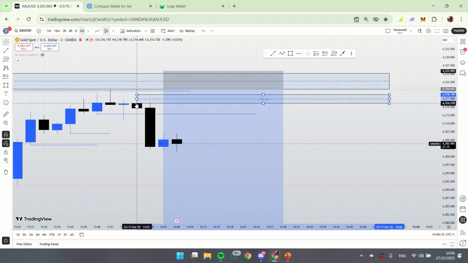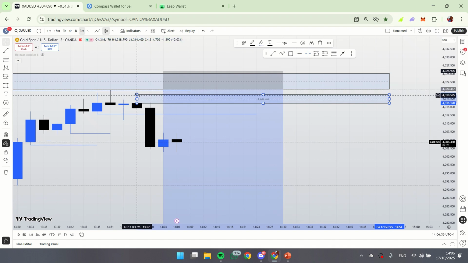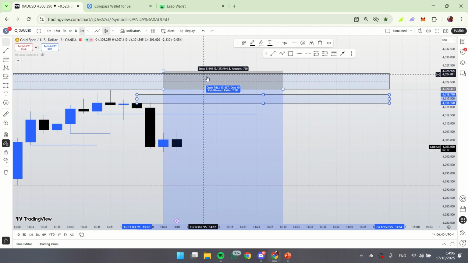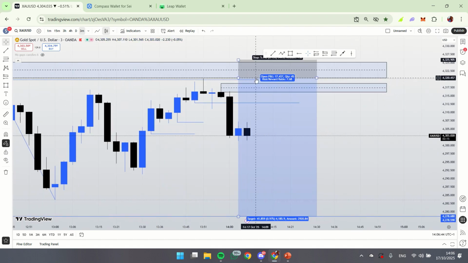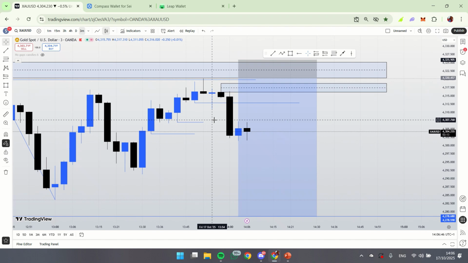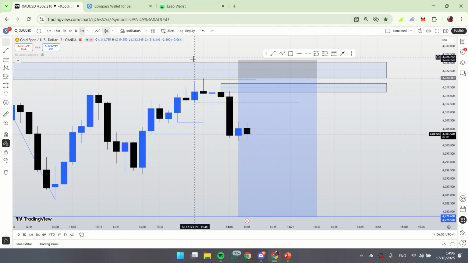I grab liquidity to 50%. You might react here, or better still, grab this high here to mitigate 50% of here and we go down. Or better still, just up here. We will continue. So I don't know what price will do. We don't know what price will do. What we do is just analyze it and see how it goes.